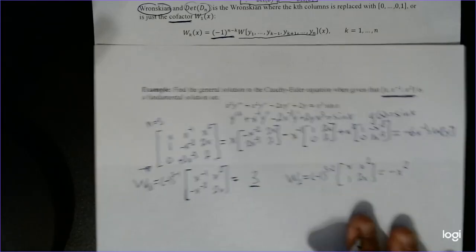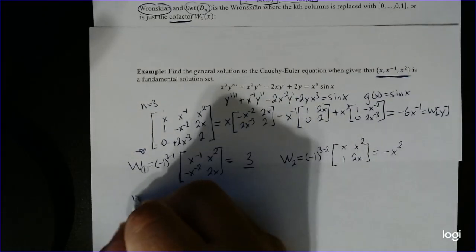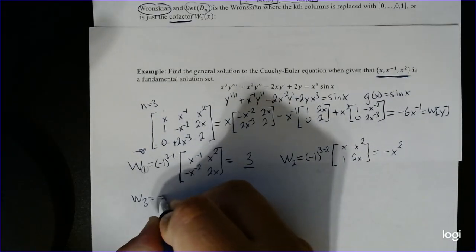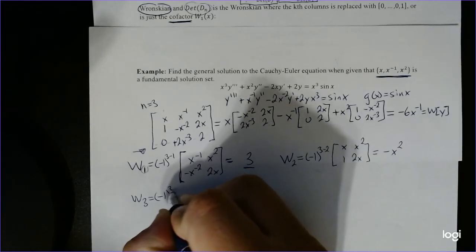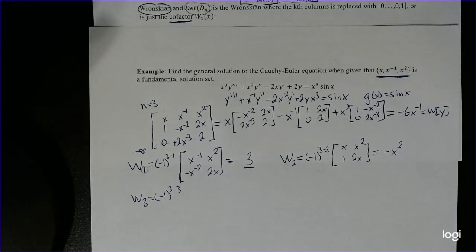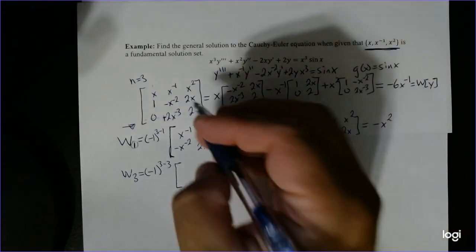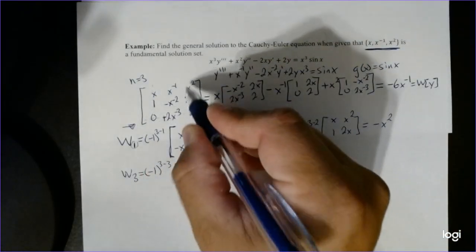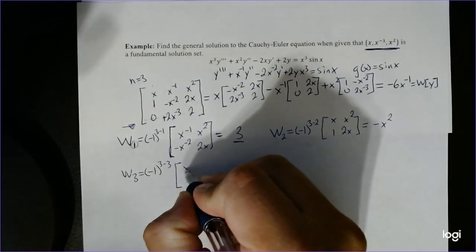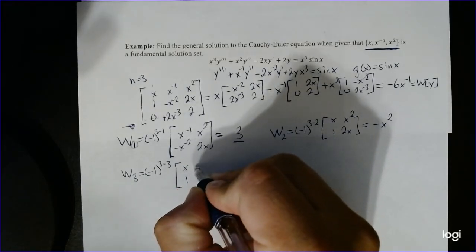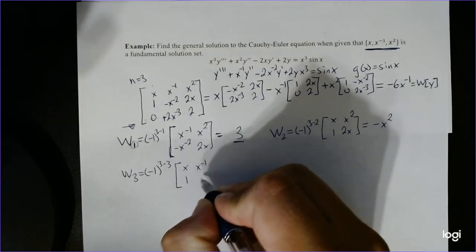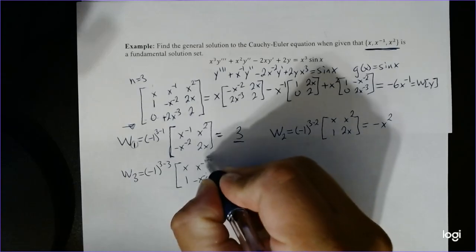All right, we just do it one more time for W3. So now this time, it's going to be third row and third column. There we go.